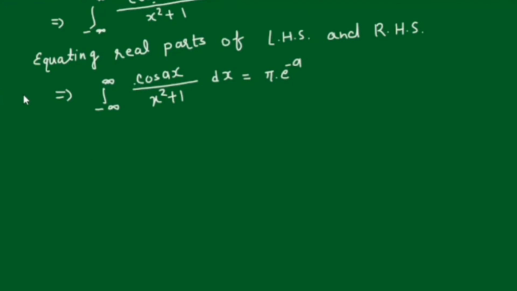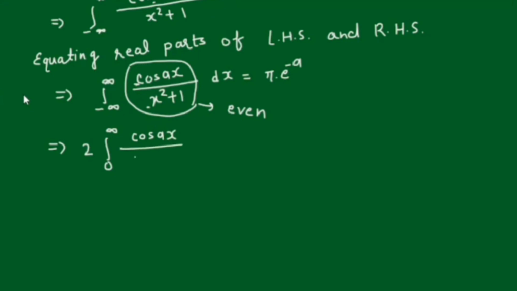Again you see that due to this cos and this x square, this whole function is actually an even function. So we can write twice of integral from 0 to infinite cos ax divided by x square plus 1 dx is equal to pi into e to the power minus a.